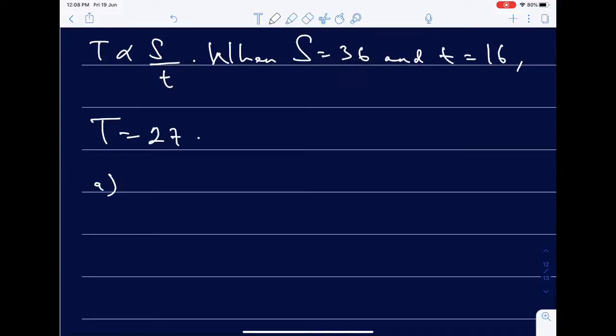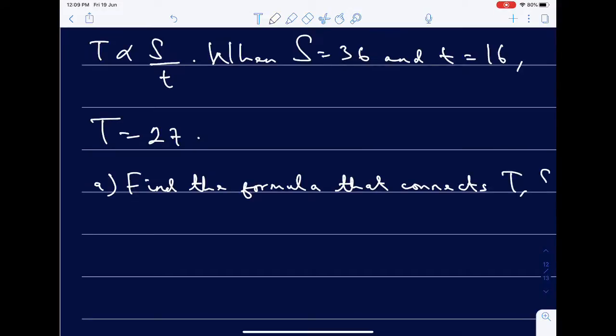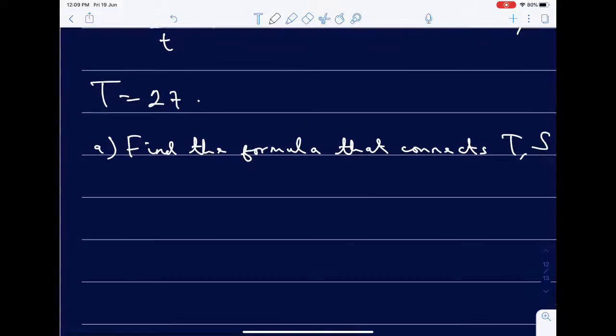Question A, find the formula that connects big T, big S, and small t.